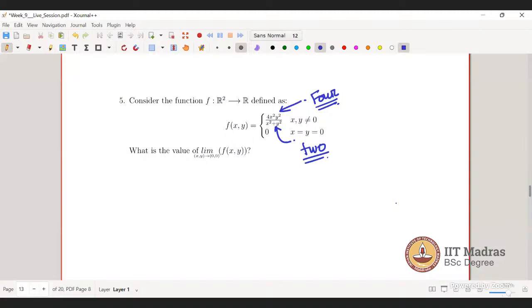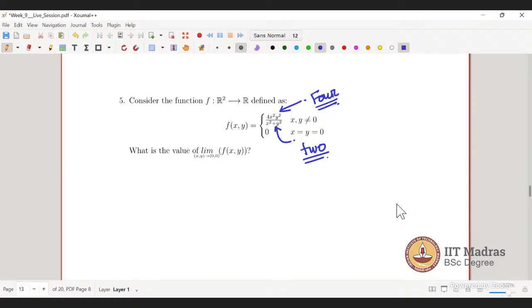Otherwise, if the degrees are the same, then in most of the cases you won't get any limit. That's a rule of thumb. But I don't think it's true in general. But I guess in most of the cases, if you have polynomials in both numerator and denominator, you can expect this result.